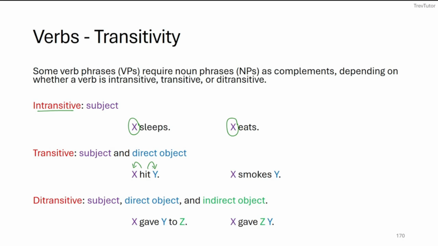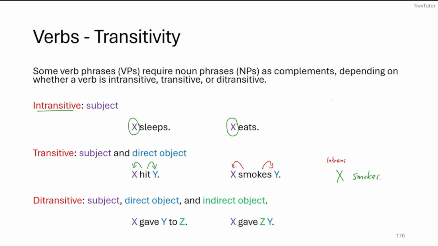In the case of X smokes Y, though, in this transitive verb, someone smokes something. So, I don't know, Ben smokes cigarettes, for example. But this is a case where we could have an intransitive version as well for this verb, because it's perfectly fine to say someone smokes, like X smokes. It's a habit, it's a general thing that goes on. So that's a case where smokes would be intransitive compared to the transitive use X smokes Y.